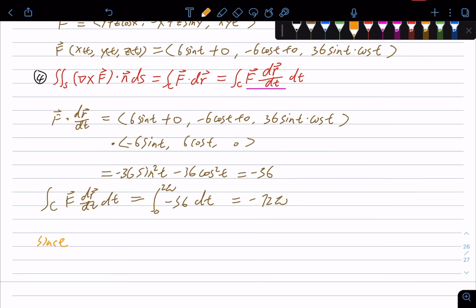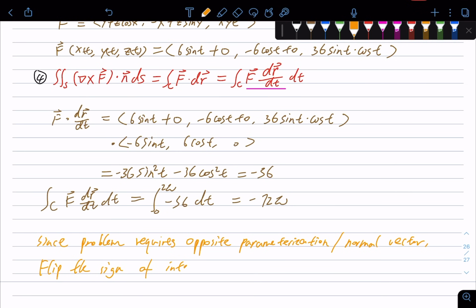Since the problem requires the opposite parameterization slash normal vector, flip the sign of the integral after following the normal parameterization.